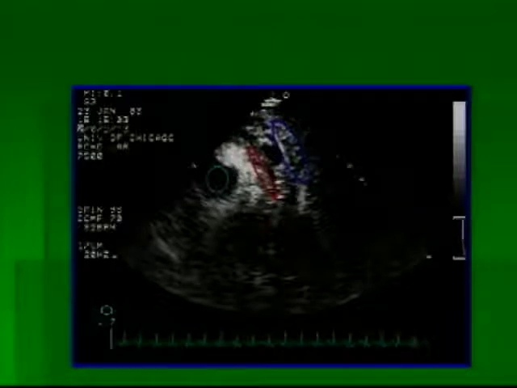And so what we've done here is drawn what we call regions of interest in the mass that's within the left ventricular cavity, and that's the light blue circle. We've drawn another one that's colored red, and this one is in the myocardium, in the distal lateral wall. And then finally, we've drawn another region of interest within the mass that's extracardiac.